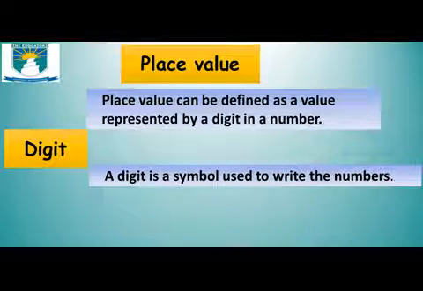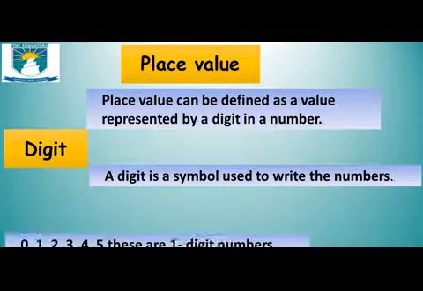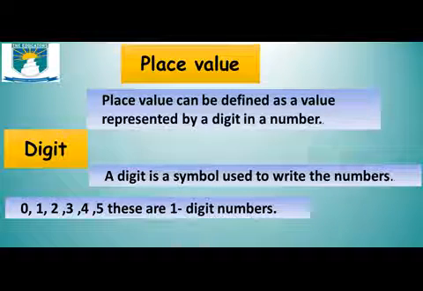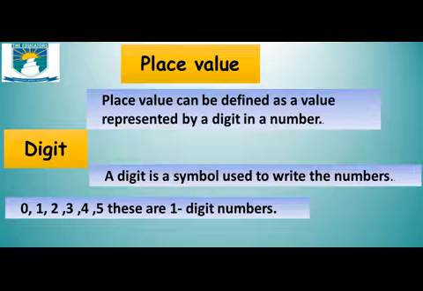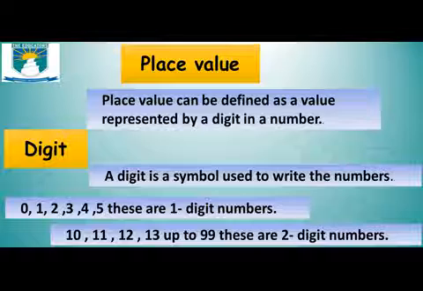A digit is a symbol used to write the numbers. See here, 0, 1, 2, 3, 4, 5. These are one-digit numbers. Then 10, 11, 12, 13, up to 99.